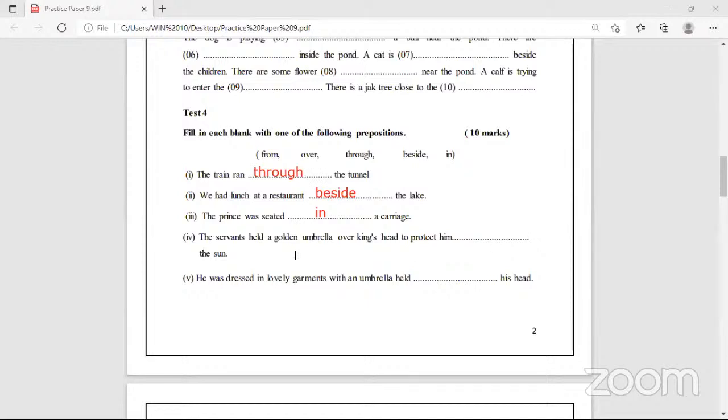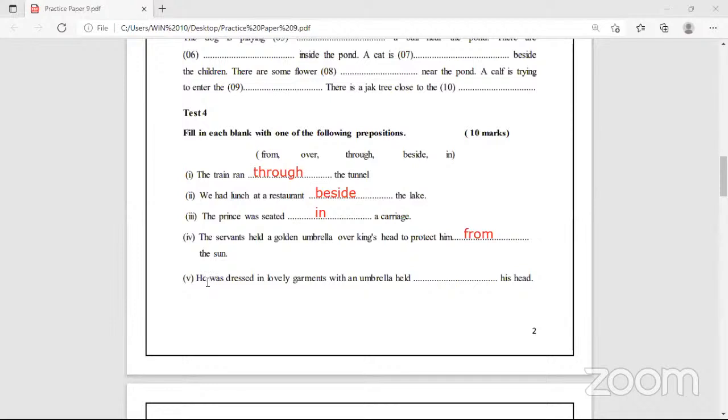Fourth one, the servants held a golden umbrella over the king's head to protect him from the sun.